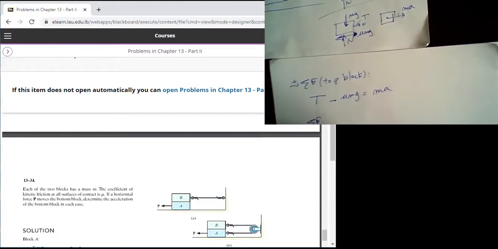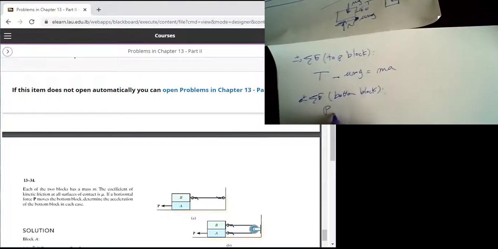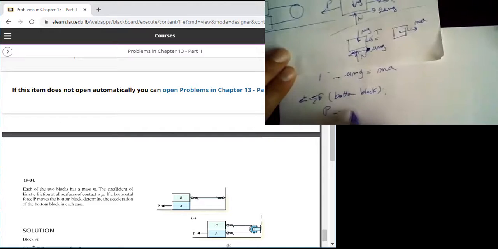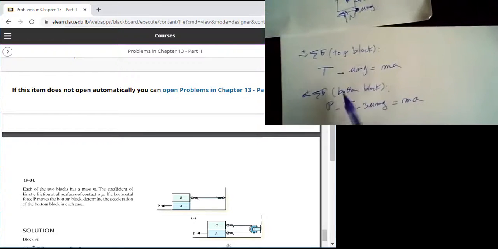If you sum the forces on the bottom block in the left direction, what do you get? P minus T minus 3 mu mg is equal to MA. So we have these two equations.